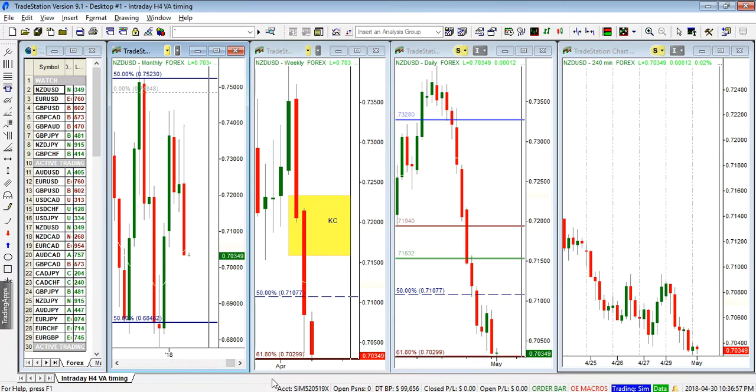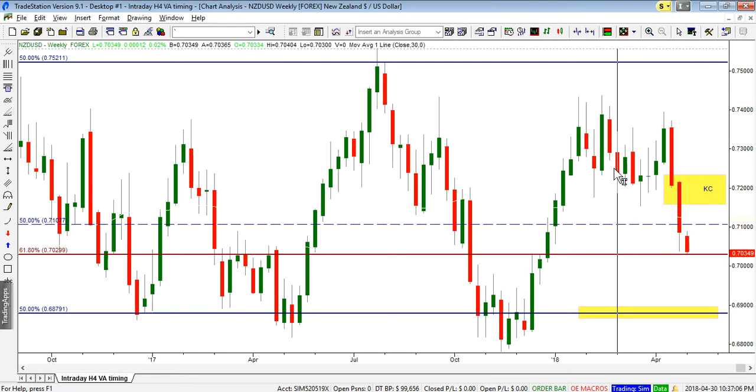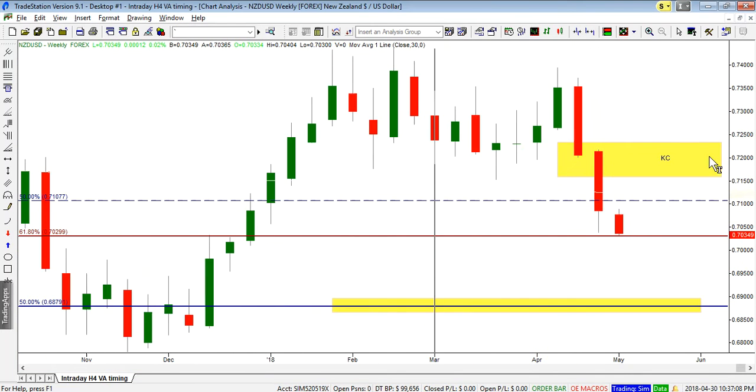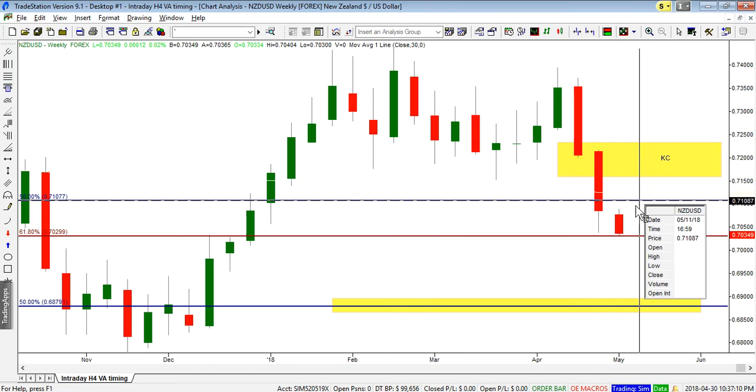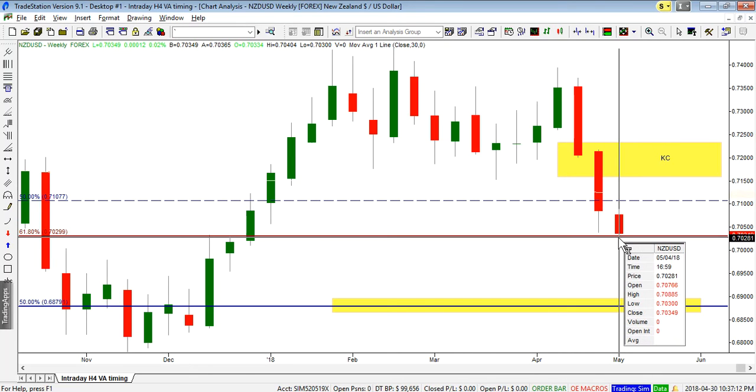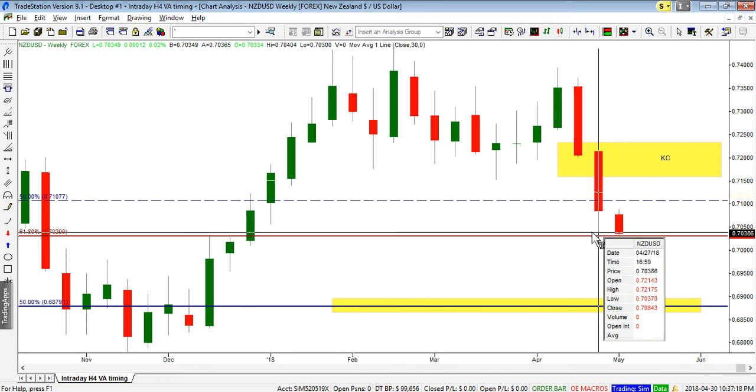All right, so let's get into the market here. I want to review a few markets, starting from New Zealand dollar, US dollar. As I mentioned, I was not anticipating the 50% holding. At the moment it is still holding the 61% level. The low is 70.85.